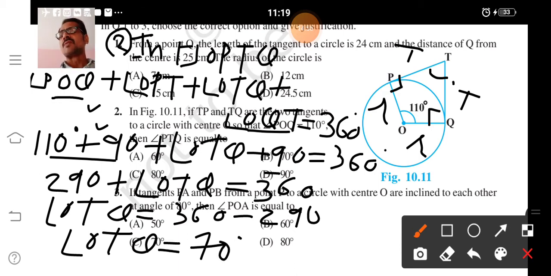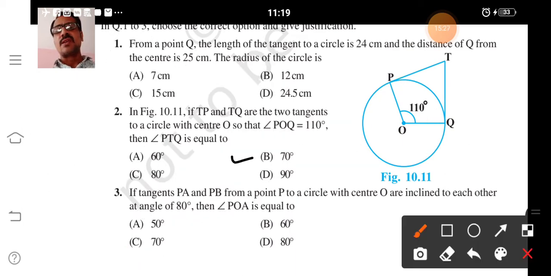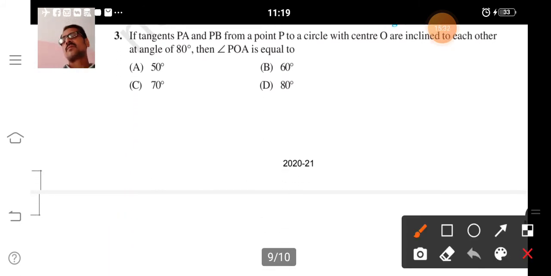Which is our answer. Go through it. Okay. Now we'll solve the next sum, question number 3. OTQ is 70, so which option will be correct? B. Okay, second solved.